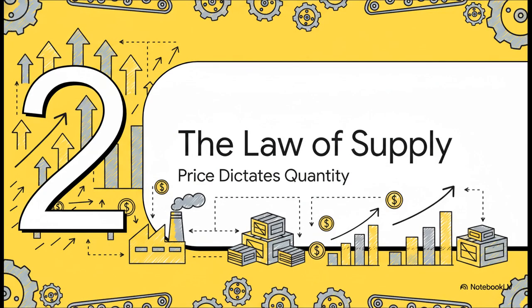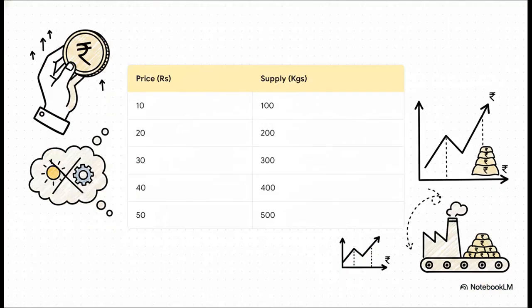Moving right along to Section 2, the law of supply. Let's see how price dictates quantity. Way back in 1890, Professor Alfred Marshall laid down this cardinal rule. Assuming things like weather and technology just stay constant, check out this direct relationship. At a super low price of 10 rupees, only 100 kilos are supplied.